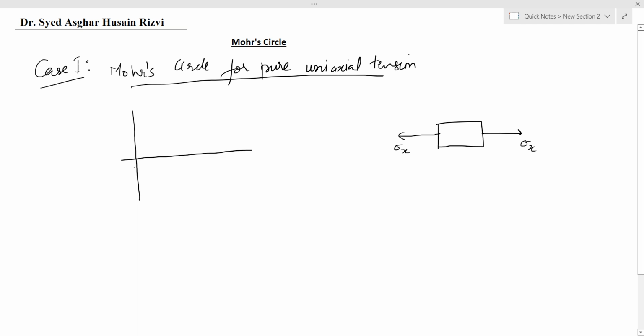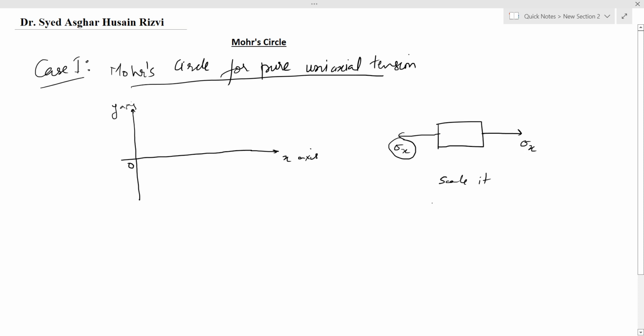We will mark the origin. This is x axis, this is y axis. The value of sigma x, we will scale it.